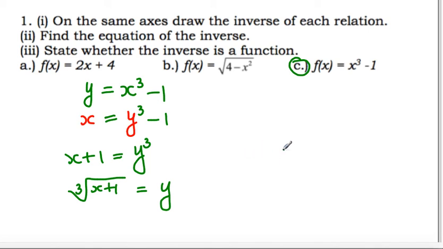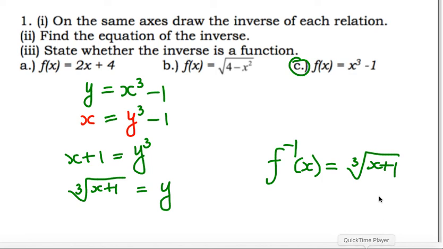The only thing you have to do is just write it down properly now. The formula of the inverse of function f is the cube root of x plus 1. So try it out and work on several exercises, and hopefully everything is okay. Good luck.